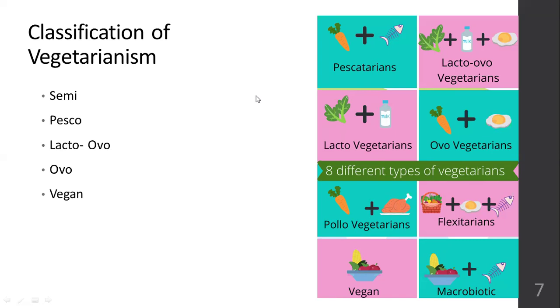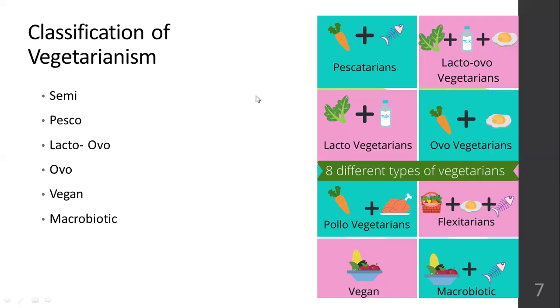Then you have vegans. Absolutely no animal products at all, not even honey. They will go for maple syrup instead. That's a vegan diet, a completely plant-based diet. Then you have macrobiotic diets.